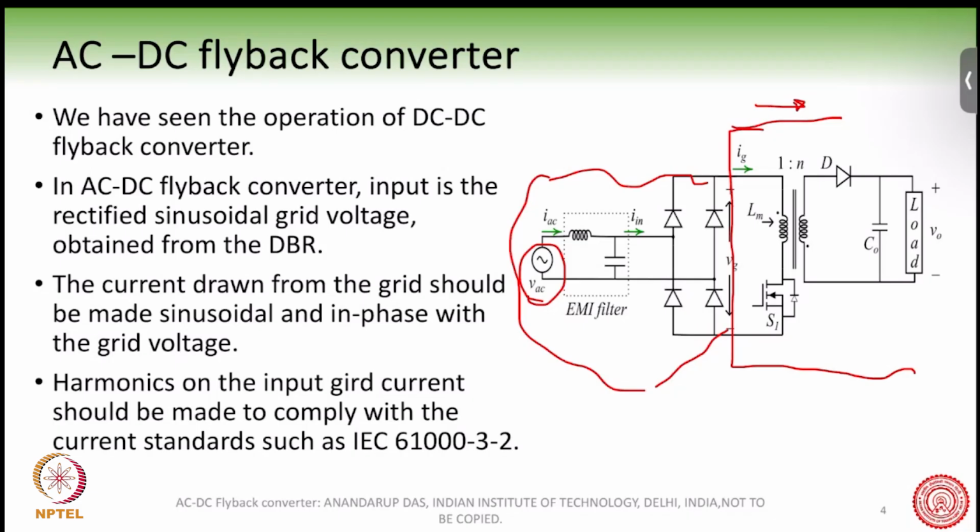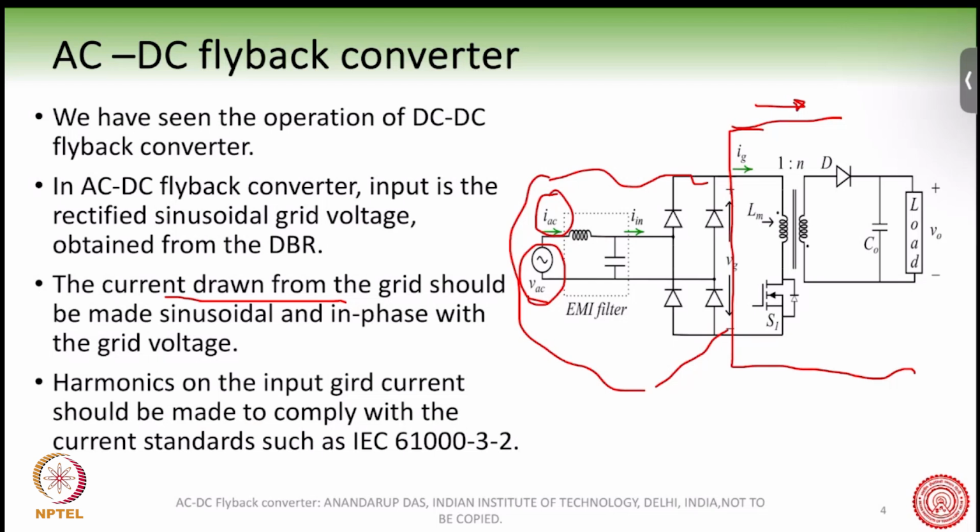Now, when this AC-DC flyback converter is working, we have to remember that the current drawn from the grid, that is this current IAC, should be sinusoidal. It should be at unity power factor to VAC, and the harmonics on that input grid current should comply with grid standards like IEC 61000 or IEEE 519.